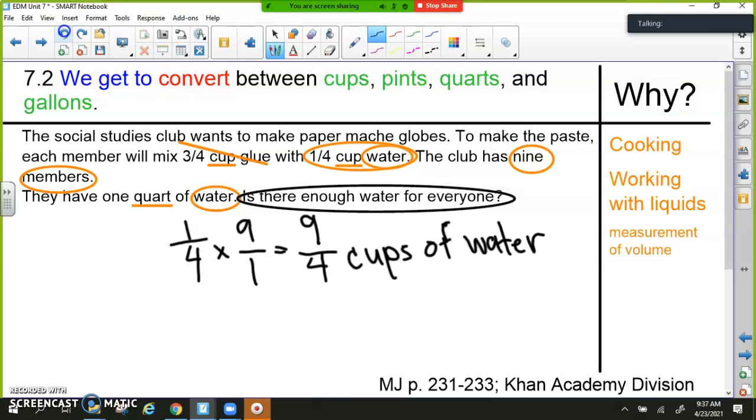Okay. We are starting with 1 quart of water. Do I have enough water here? And what's your thought?